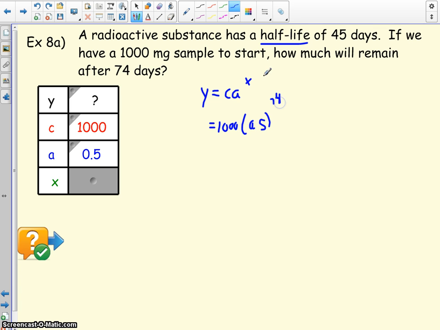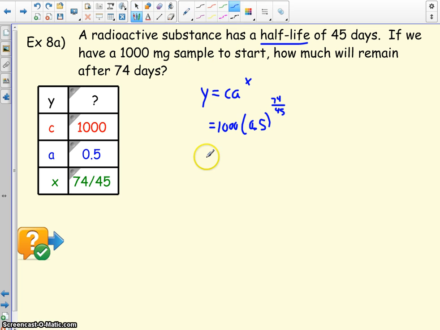It's not halving 74 times, it's halving every 45 days. So in 74 days, it's going to halve 74 divided by 45 times. So the number of times it halves in that time period will be 74 divided by 45. That gives us our x value.